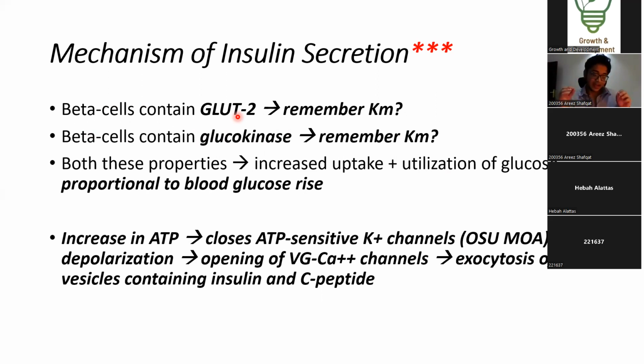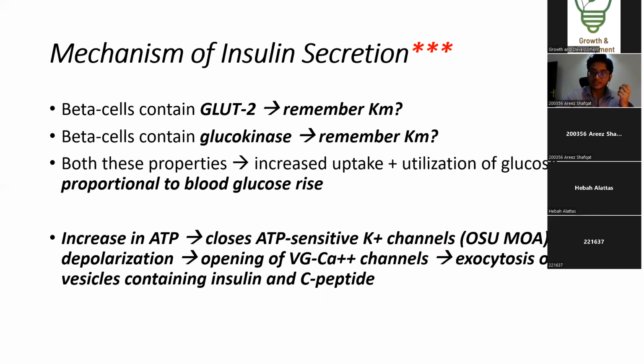Why is this important? Because when you eat a high carbohydrate meal, a lot of glucose goes into the pancreas because of Glut2, and a lot of glucose is trapped within the pancreas because of glucokinase. Because of both of these properties, glucose uptake increases. When glucose uptake increases, you have more glycolysis and more ATP production. More ATP closes ATP-sensitive potassium channels.